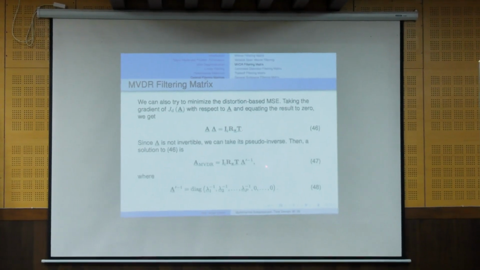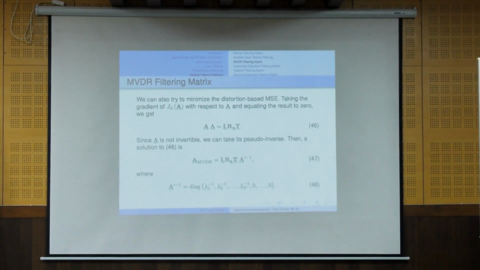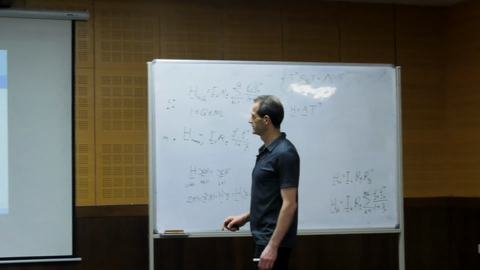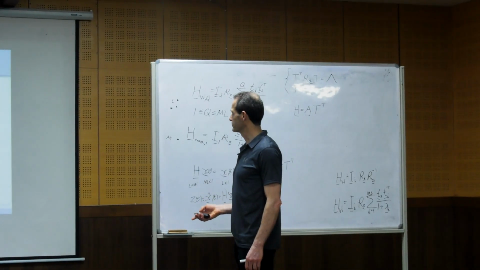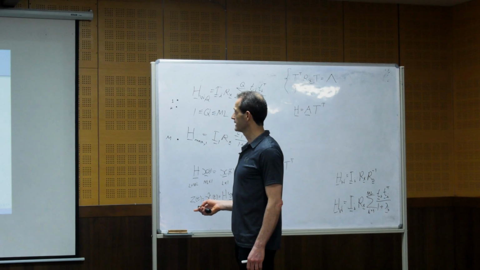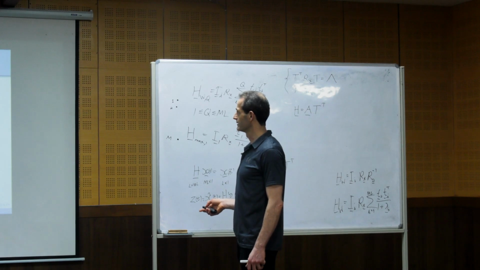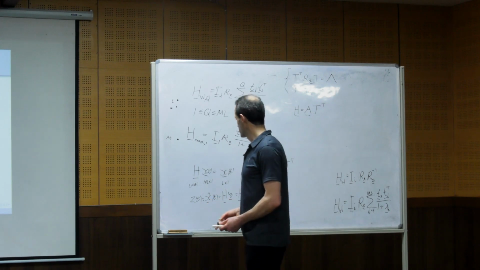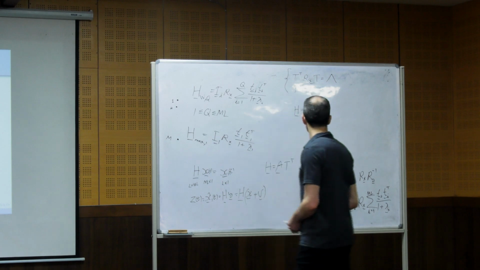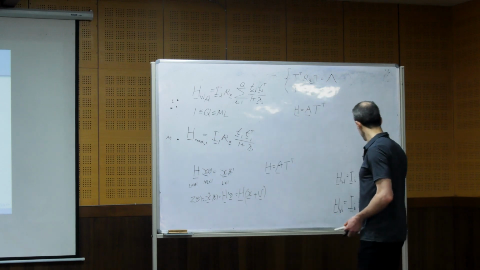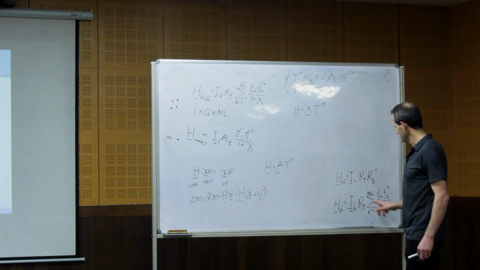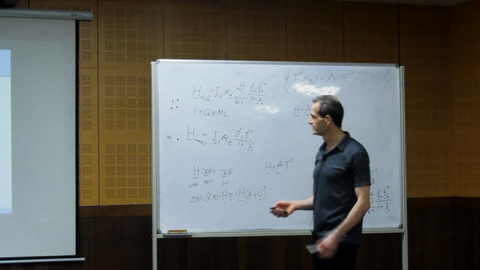If we multiply with the T transform, we get the MVDR filtering matrix, which looks like that. So here we get a nice formulation for the MVDR, which looks like, you see, also we have a summation. But instead of 1 plus lambda, what do we have here?